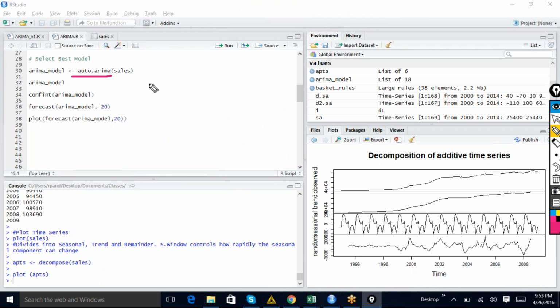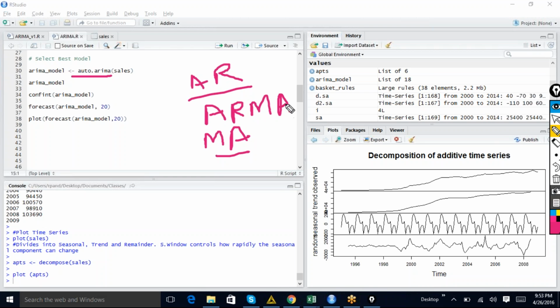It's called auto arima. You don't have to worry about whether you have to use AR, because when you're building the time series, you can look at different components. You can say I'm only building an AR model, or only building an MA model, or you can say I'm building an ARMA model, which is basically not integrating, which is basically not adjusting for the trend in the data, or you can say I'm building an ARIMA model.